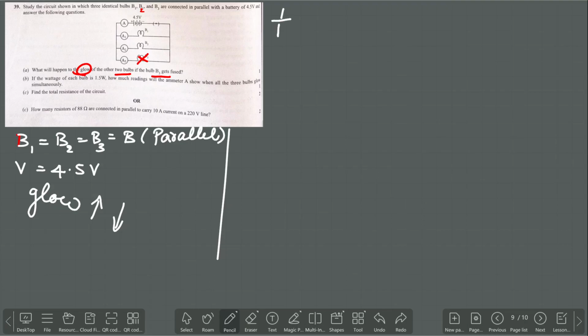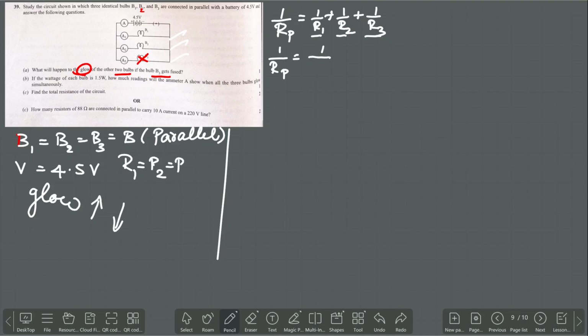What is the formula for calculating the parallel? 1/Rp = 1/R1 + 1/R2 + 1/R3. First, let us calculate the resistance if all the 3 bulbs are connected. Since all the 3 bulbs are identical, the value of resistance is also the same, so R1 = R2 = R3 = R. Now substitute: 1/Rp = 1/R + 1/R + 1/R.